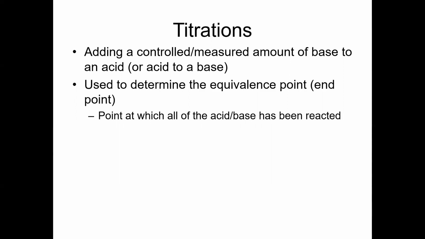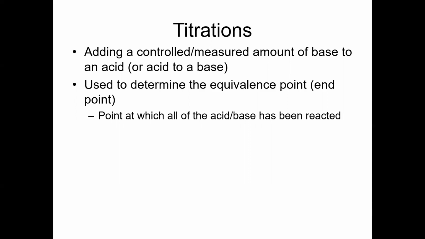That also means that the moles of acid and the moles of base are equal to each other. So a definition you'll often see is that the acid and the base are chemically equivalent. That just means if you multiply the molarity times the volume, you would get an equal amount of moles for both. Now, how are you going to be able to determine that?